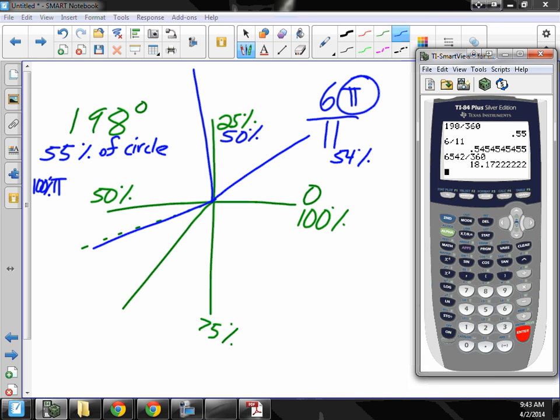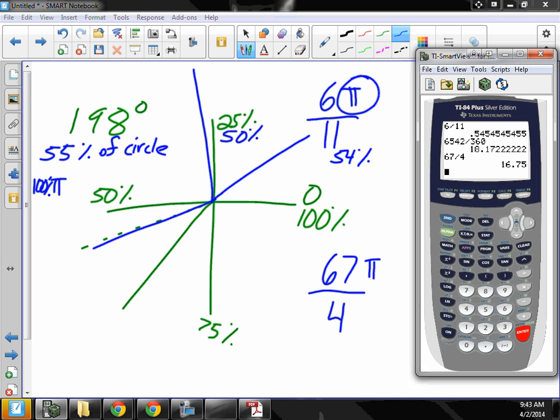If I had a really big radian, 67 pi over 4, 67 divided by 4, what does the 16 tell me? Right, it's not 16 revolutions. It's 16 pi's.